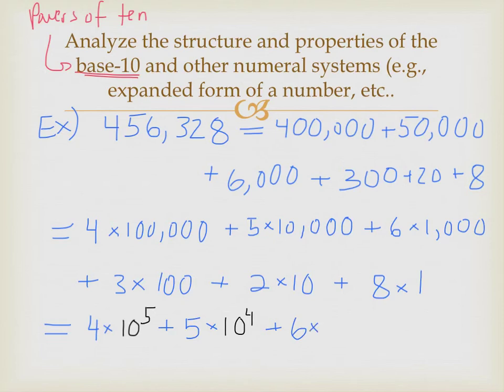We have 10 to the 3rd there, otherwise known as 1,000. Then we have 3 hundreds. 10 times 10 is 100, otherwise known as 10 squared. Plus, we have 2 tens.